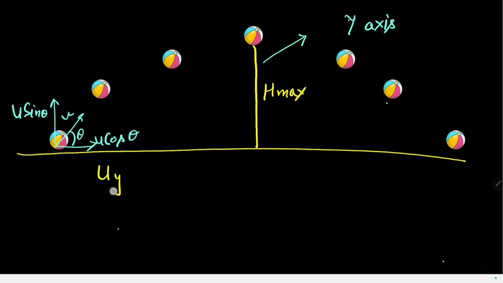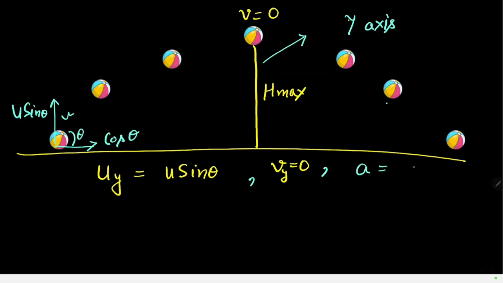So I know that the initial velocity in the y-axis is u sine theta. As we have just discussed, at maximum height the final velocity will become 0. So I know the final velocity is 0. What else do I know? Do I know what time it reaches maximum height? No, we don't know that, but we do know the acceleration is g. Now which equation of motion shall I use to find displacement?